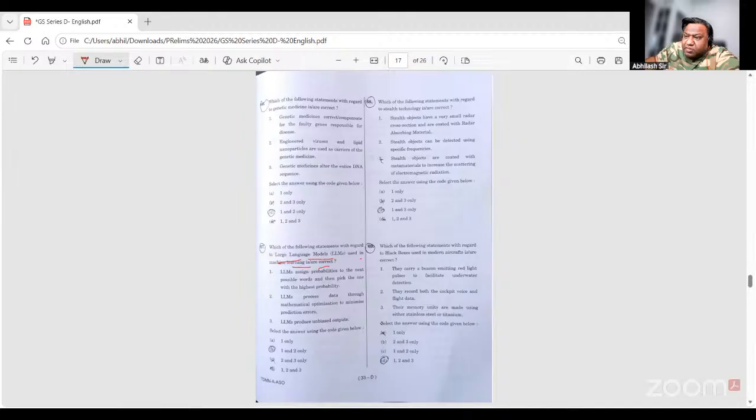LLMs assign probabilities to the next possible words and then pick the one with the highest probability. LLMs process data through mathematical observation, manipulation error. LLMs produce unbiased outputs.